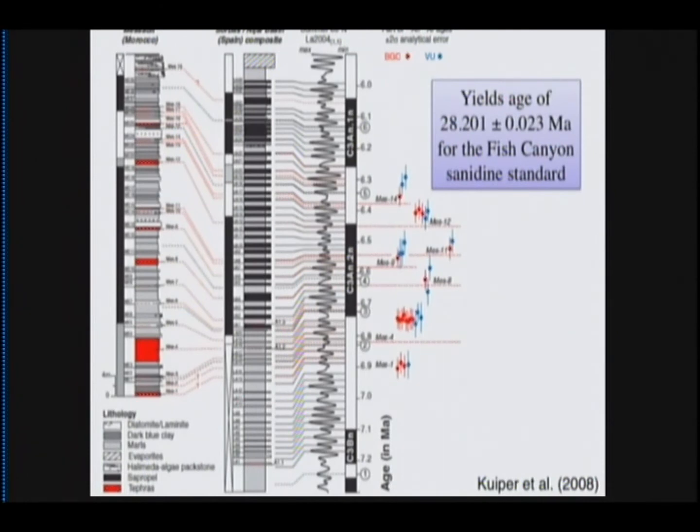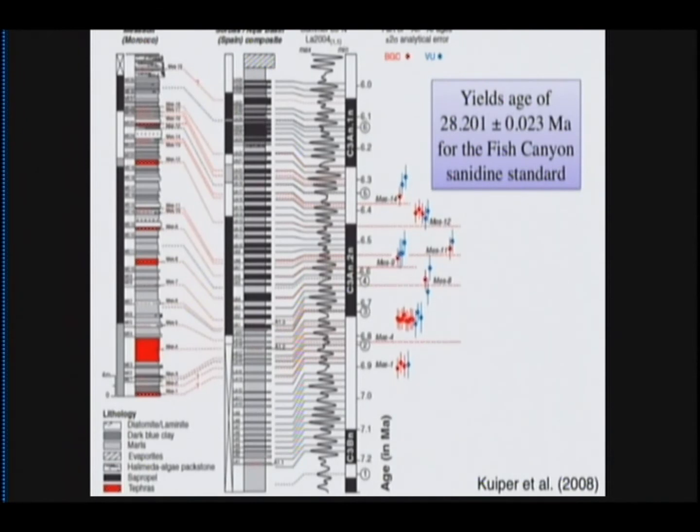And so what we did was to date these tuffs, a number of them, not all of them, in two laboratories, one in my lab and one in the Free University of Amsterdam. And you can see the results here. These are just summaries of literally thousands of analyses. And you can see, for the most part, we have pretty good agreement.